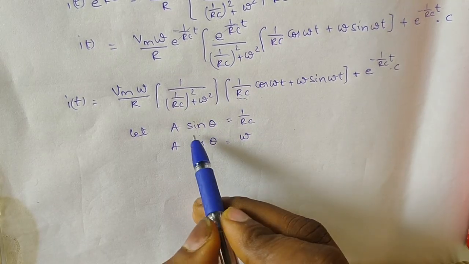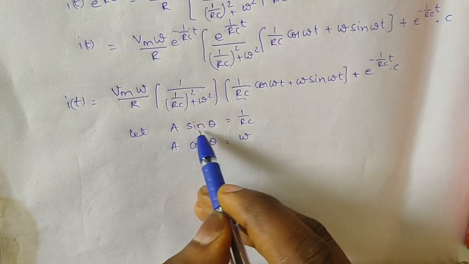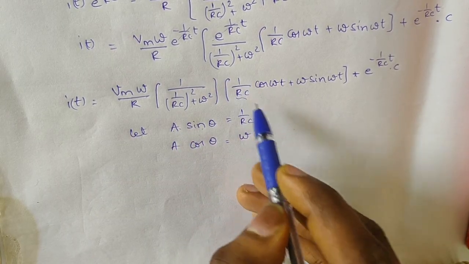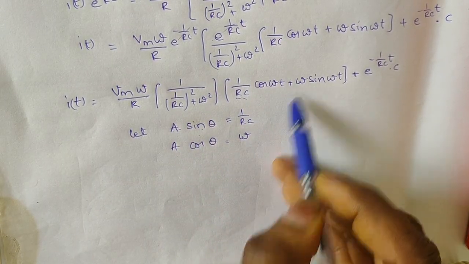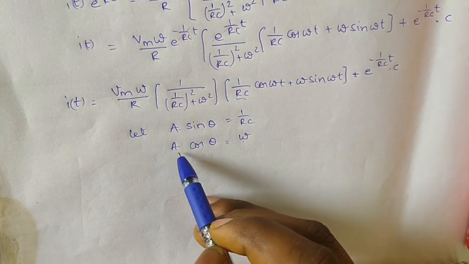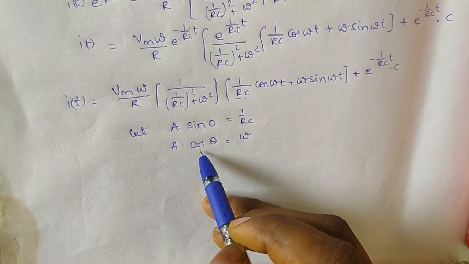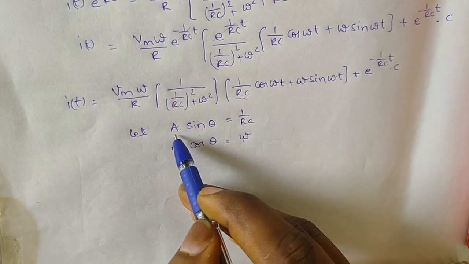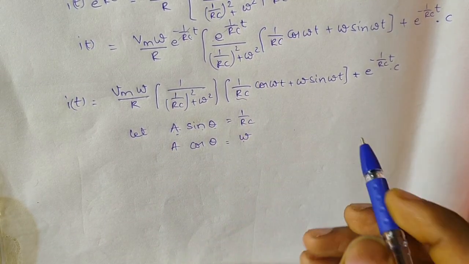Then we want to replace 1 by RC with A sin theta in this term, and in place of omega we will be replacing A cos theta here. So from this we need to find first A and theta.